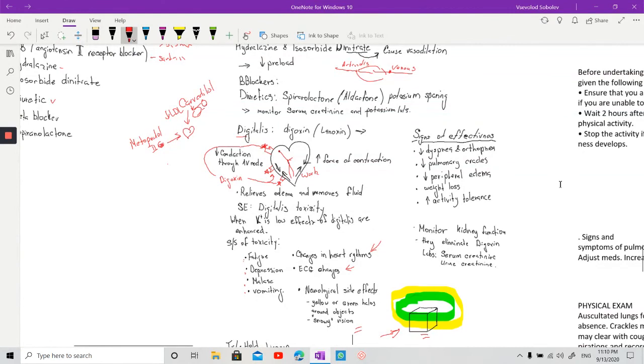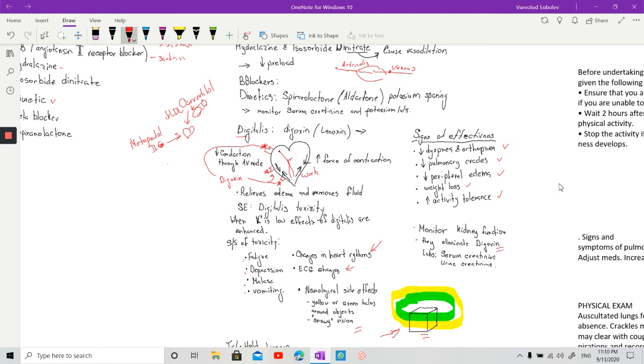Signs of effectiveness. Well, if digoxin is working, we'll see decreased dyspnea, basically relief of the heart failure, decreased crackles, decreased pulmonary and peripheral edema, weight loss, increased activity tolerance. We have to monitor kidney function. The kidneys are the ones that eliminate digoxin.